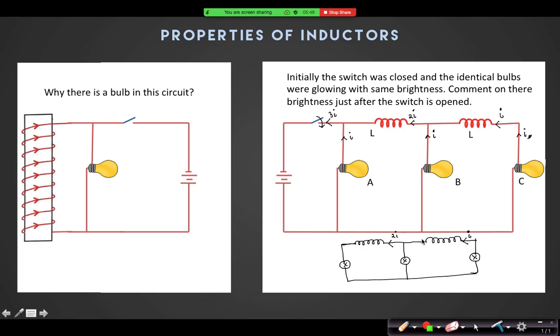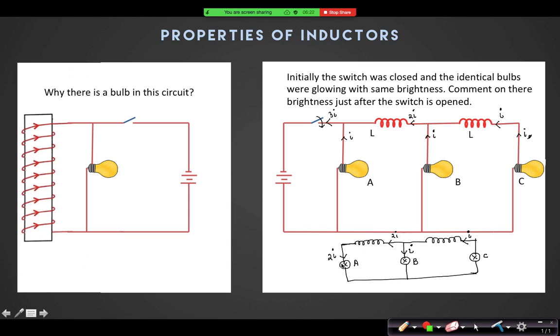Now, in order to make these currents like this, how will the currents in the bulbs change? Look, if this is 2I, then this bulb will now start carrying 2I current because this is in series. If this is I, this bulb will now start carrying current I in the opposite direction, and this current is already I. As the brightness only depends on the current, bulbs B and C will glow with the same brightness because initially it was I, now it is also I. But what is the brightness of A?